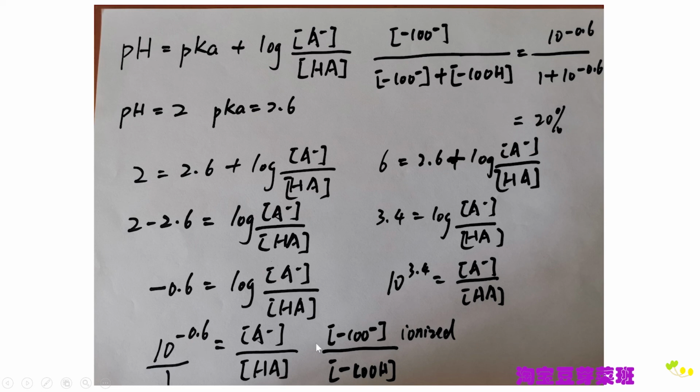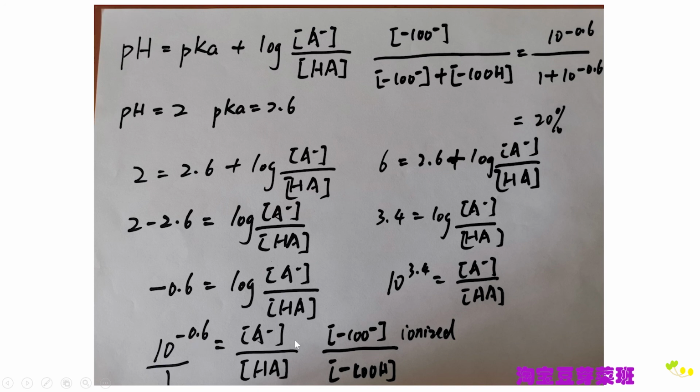As we already know, the ionized form is the carboxylate, and the unionized form is the carboxyl group. So the ratio of carboxylate to carboxyl group is 10 to the power of negative 0.6.